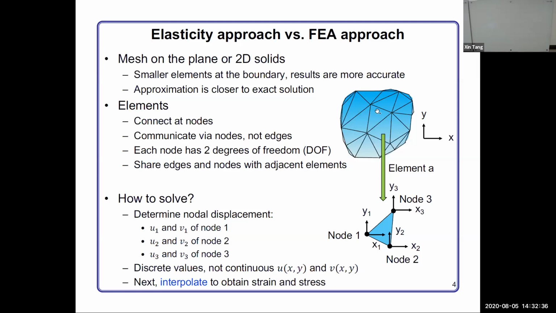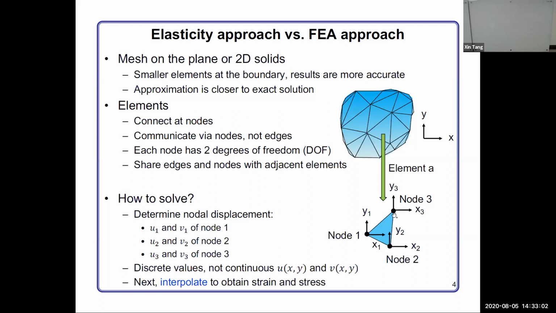Also, in this 2D case, for the triangle elements, each of these triangle 2D elements has 3 nodes. Each node has 2 degrees of freedom, in the x direction and the y direction, and the displacement is u and v on each node.